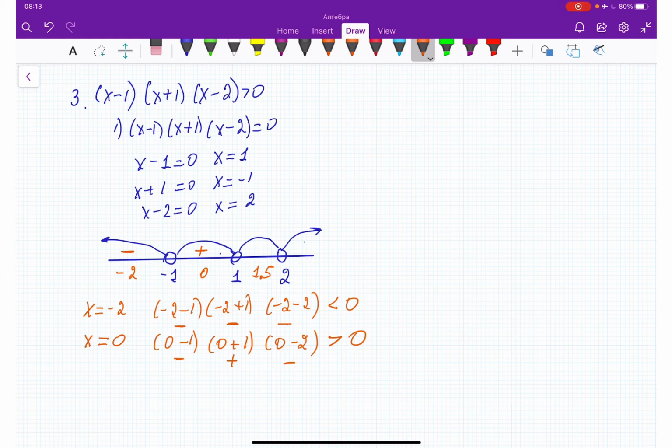Next one, I'm taking x is equal to 1.5. So 1.5 minus 1, 1.5 plus 1, 1.5 minus 2.